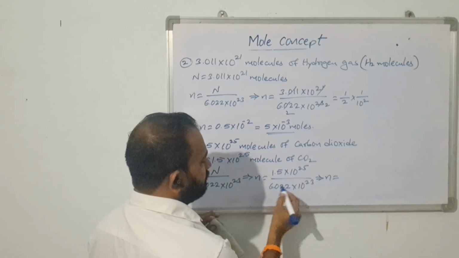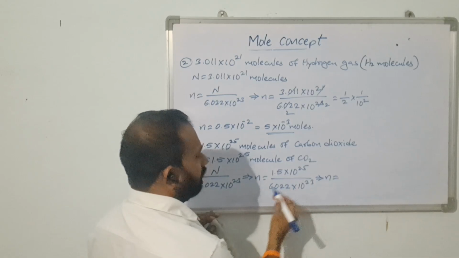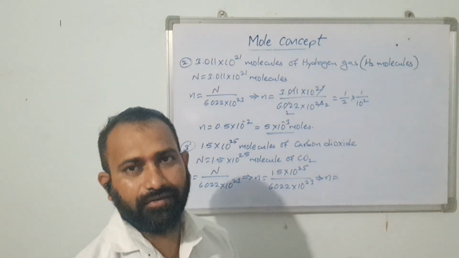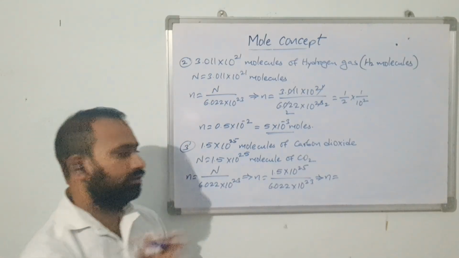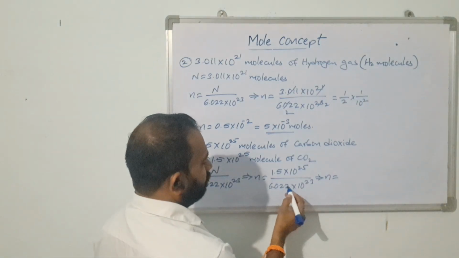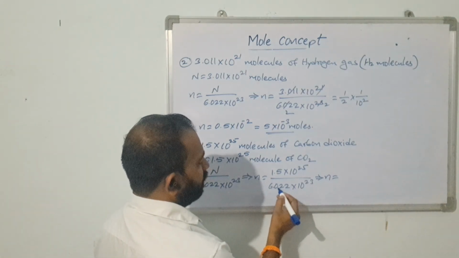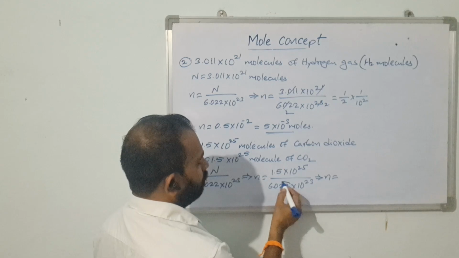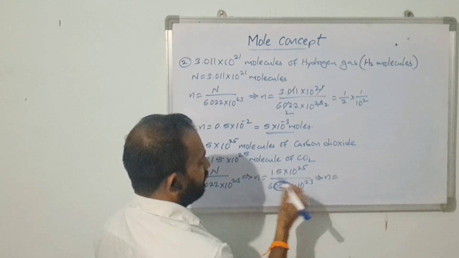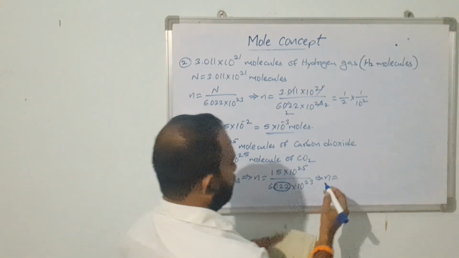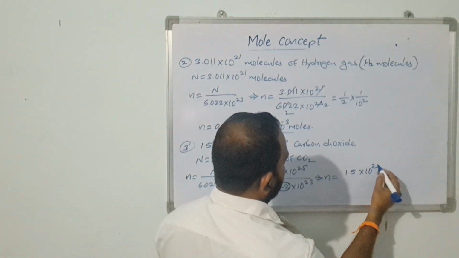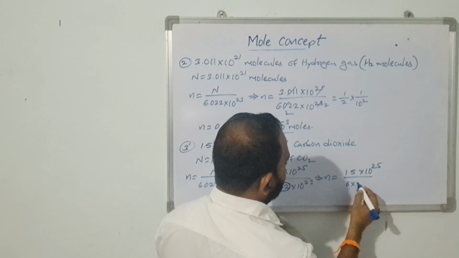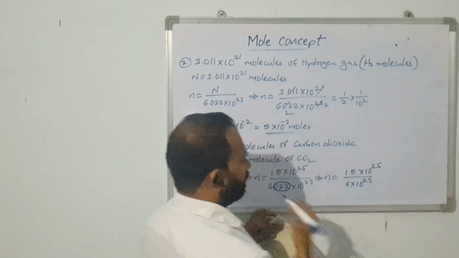If you neglect these decimal values, we get a nearer value. Understood, children? So that's why here I am neglecting 0.022, that gives 1.5 into 10 power 25 divided by 6 into 10 power 23.